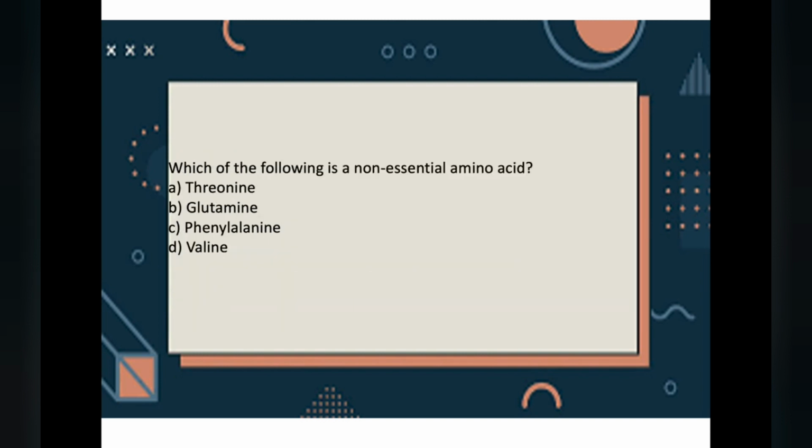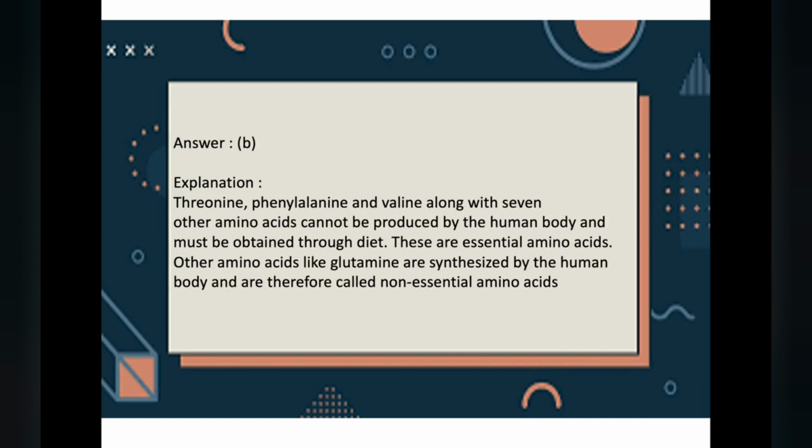The next question is: which of the following is a non-essential amino acid? We learned about essential and non-essential amino acids when we discussed the unit. Choice A is threonine, B glutamine, C phenylalanine, and D is valine. So the answer is B, glutamine. Why is that?